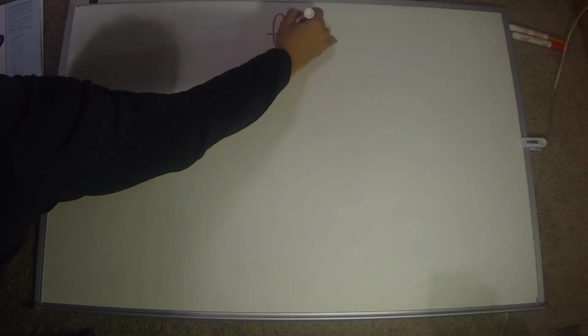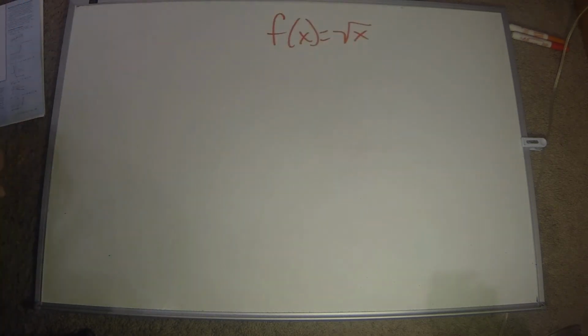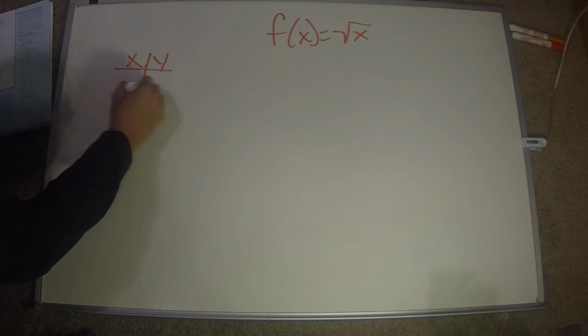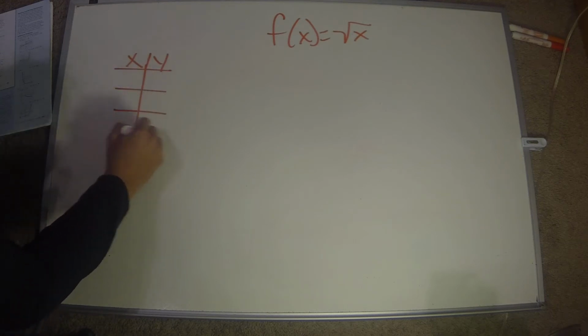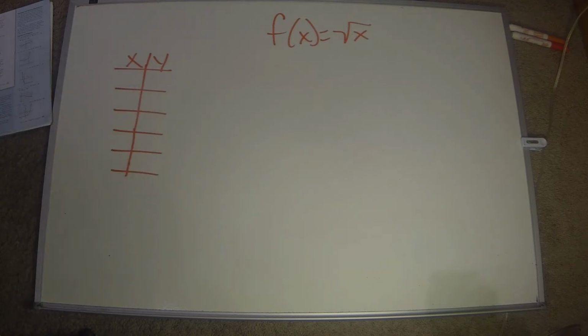So if we look at first the radical function and how to graph them, what I want you to do is to make an XY chart with 5 places in it so that you can pick X values and then figure out what the Y values will be.